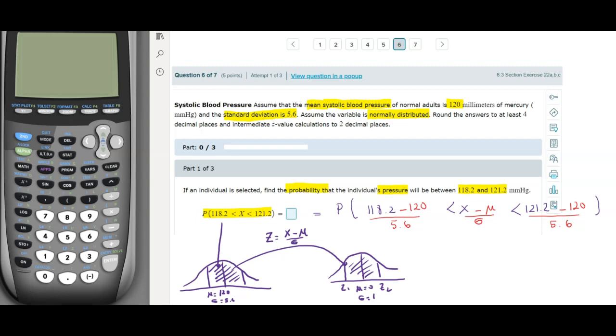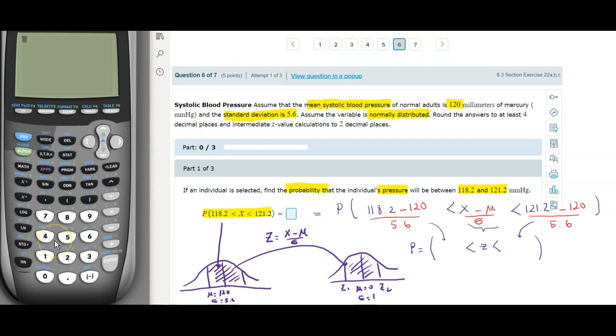So we end up with a probability again equals, where this expression became a z value, and this value goes here, and we're going to look for them using the calculator.